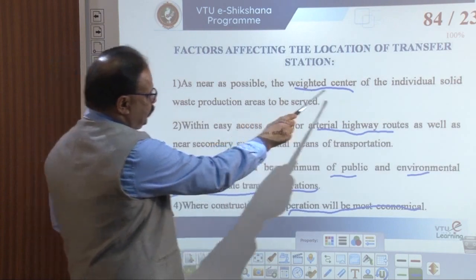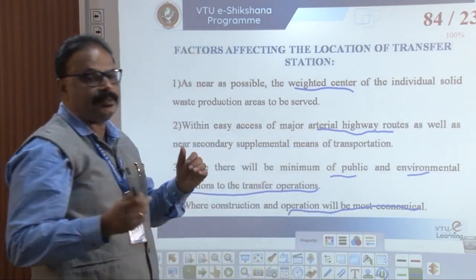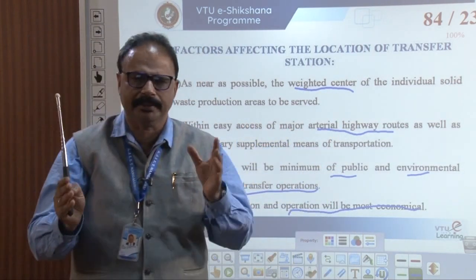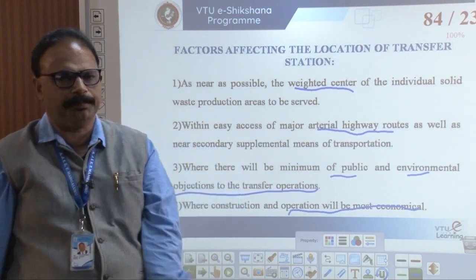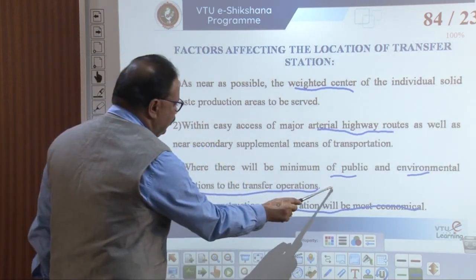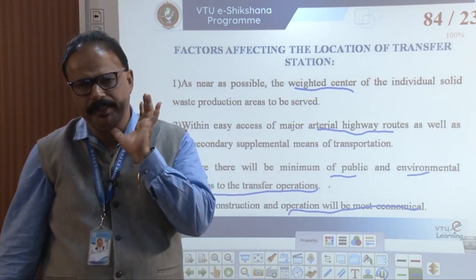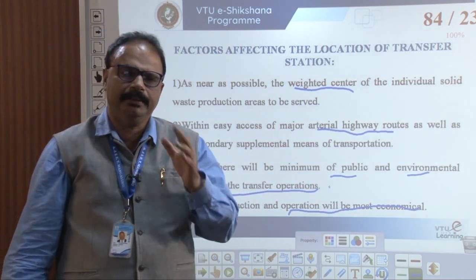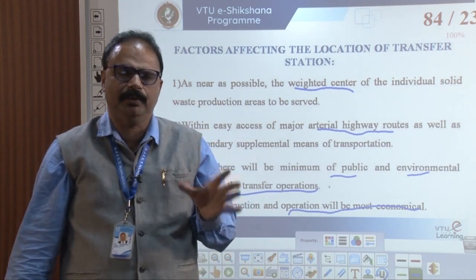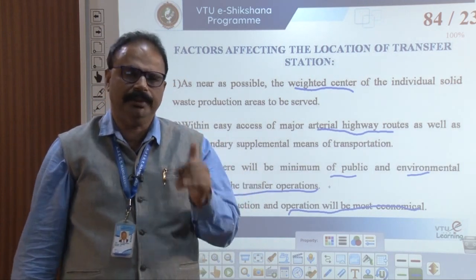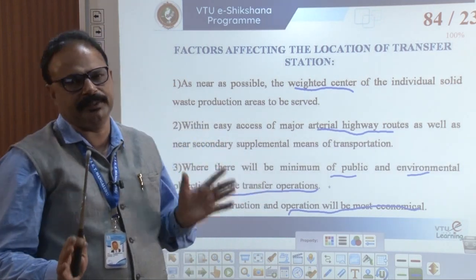First is the weighted center, second it should be easily connected to the highway. Third, public and environment objection should be less. Fourth, operation cost and construction cost should be economical, and there should be space for energy recovery or a plant or anything else.